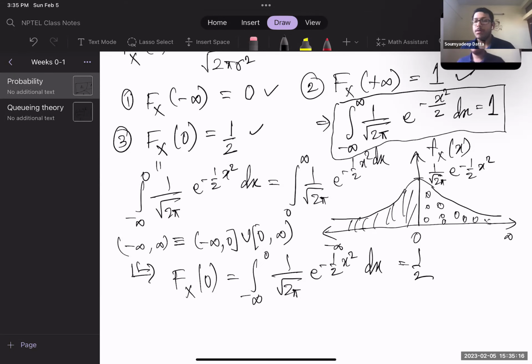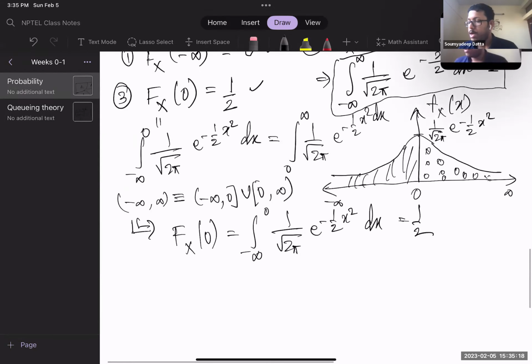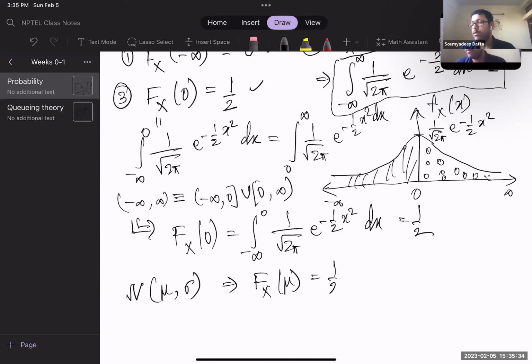This is purely because of the symmetry property. And in general, for any Gaussian with a mean mu and standard deviation sigma, your value Fx of mu will be equal to half, because it's just symmetric around the mean. Is this clear?